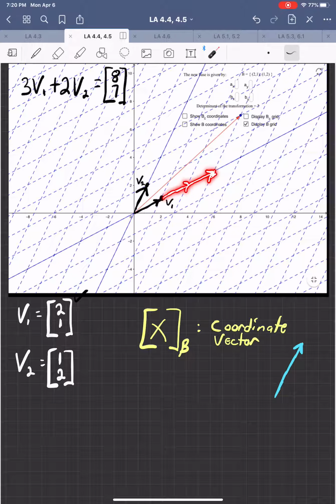And now what you can imagine is parallel shifts running. So let me choose a different color and let me see if I can show you what I'm talking about. This whole line, this is the v sub 1 line, right?